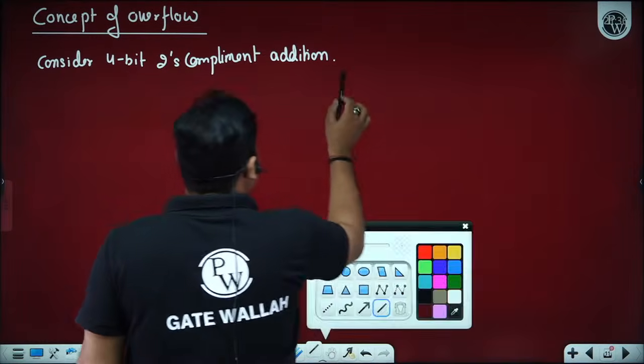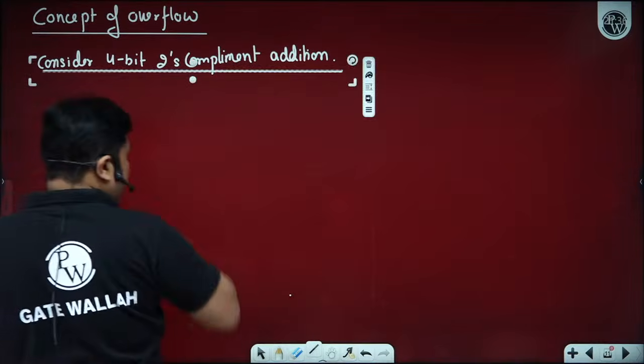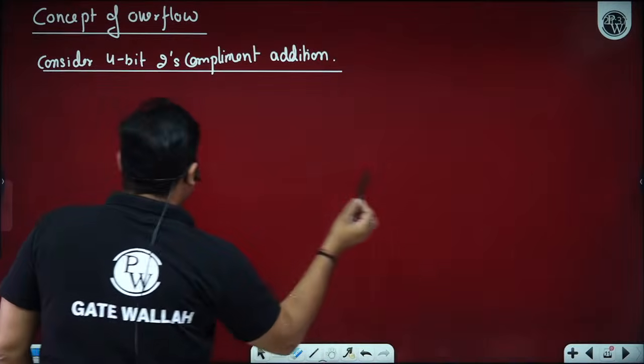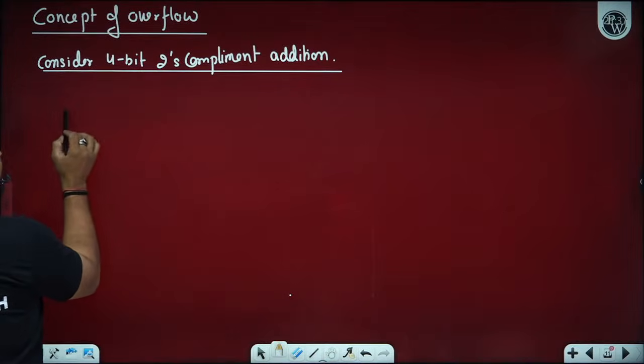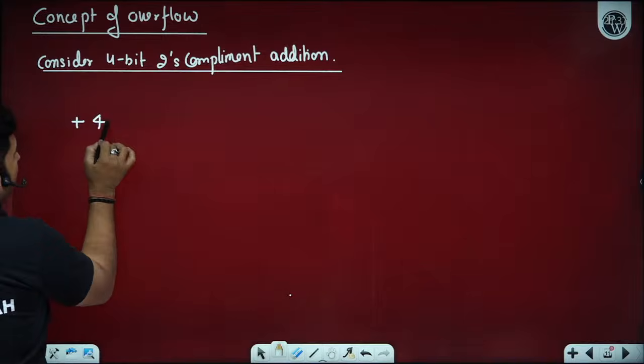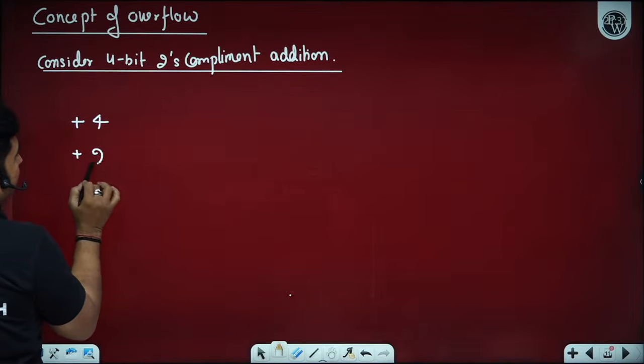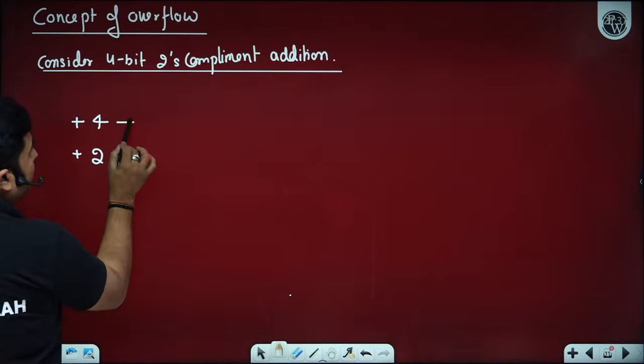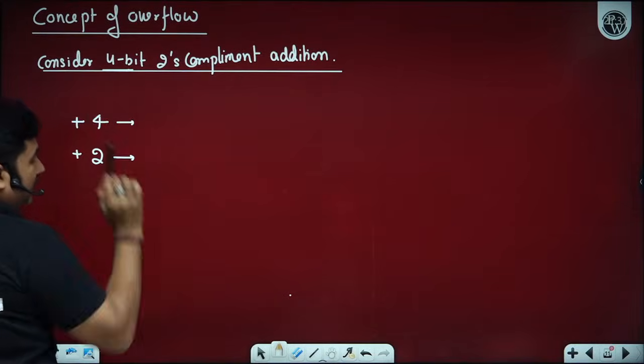Okay. Yes, sir. Now please observe, beta ji. Suppose we have plus of 4 and we have plus of 2, can we add plus of 4 and plus of 2? We have to represent in 4-bit only.